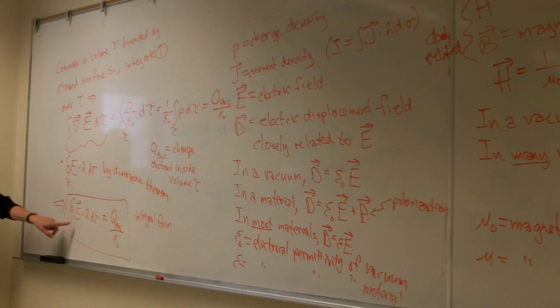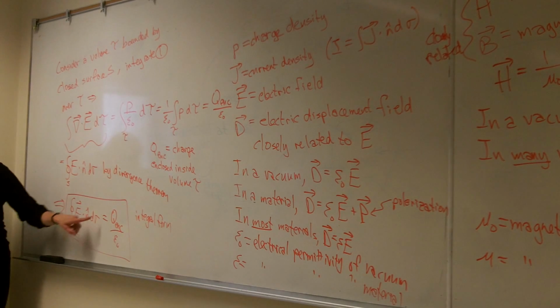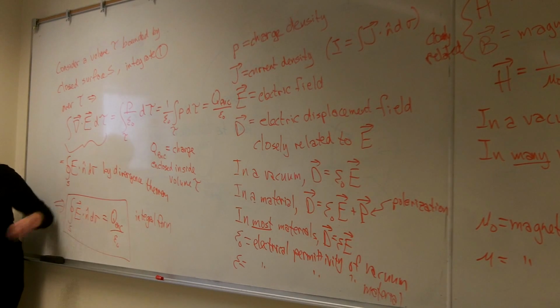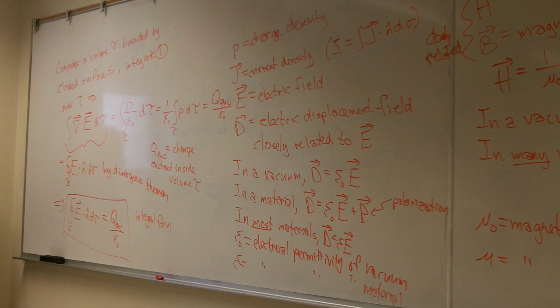It says that if we take the flux of the electric field through the closed surface that forms the boundary to some volume, this is of course normally called a Gaussian surface when we use it in connection with Gauss's law, the result is equal to 1 over epsilon naught times the total charge enclosed inside of our Gaussian surface. So that's, again, the integral form of Gauss's law. So you can see the differential form that we started with and the integral form are related by the divergence theorem, basically.